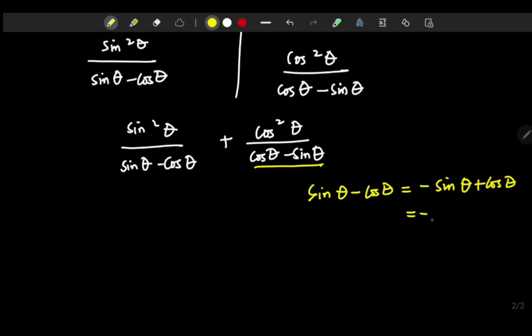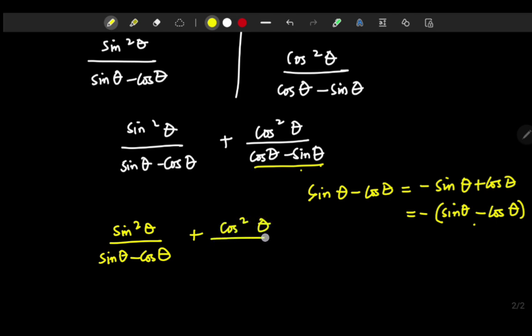Then if I bring out the minus sign, I'm going to have sine theta minus cos theta. Okay, so I've managed to change this into this, right? So I'm going to bring it back here and have sine square theta over sine theta minus cos theta plus cos square theta over minus sine theta minus cos theta.